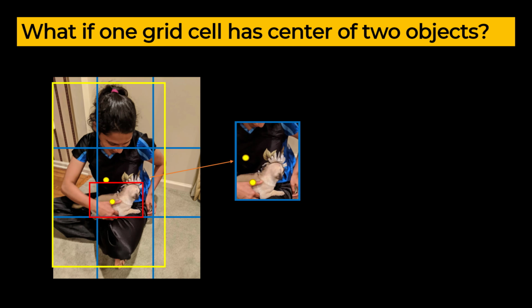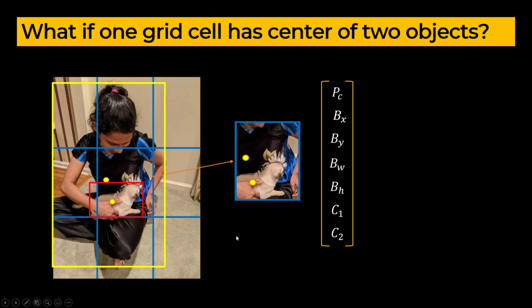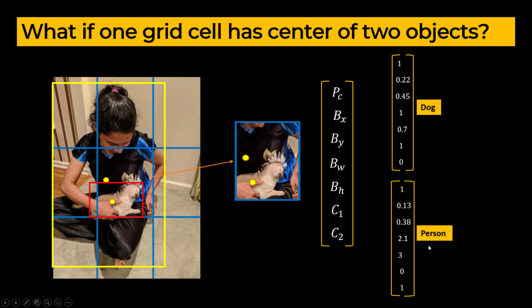There could be another issue: what if a single cell contains the center of two objects? In this case, the dog and the person both are in the middle grid cell. Now we use this vector to represent the grid cell, but this vector can represent only one class. So how do you represent two classes? Well, I have this value for dog, I have this value for person.